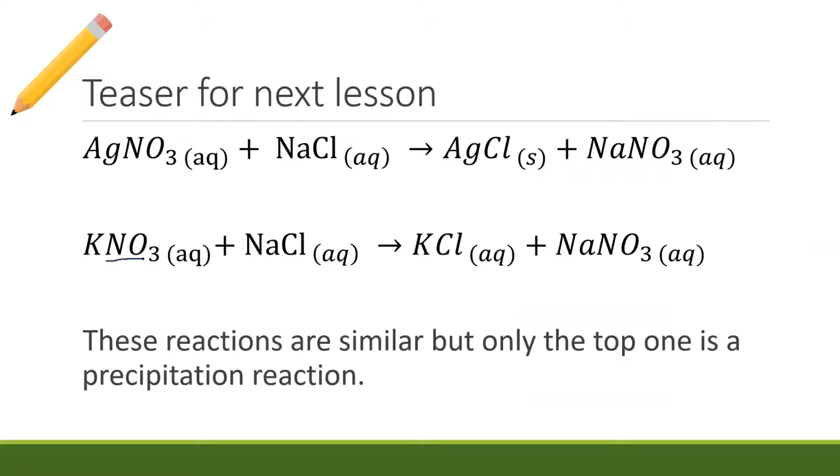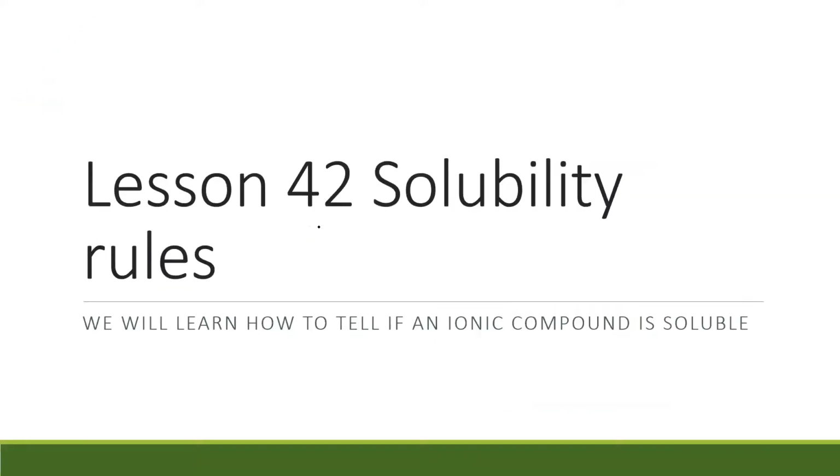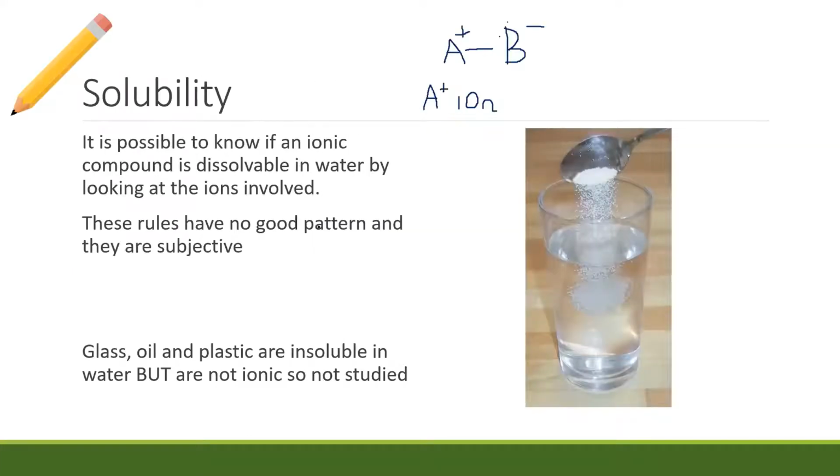This is an ion, and this is an ion, and this is an ion, and this is an ion. And what happens is you just swap partners. You take this positive ion and swap it with this positive ion, and you take this negative ion and swap it with this negative ion. So that's what ionic charges mean, and they're the ones we're going to be looking at today. We're not going to be looking at glass and stuff because they're not ionic bonding.